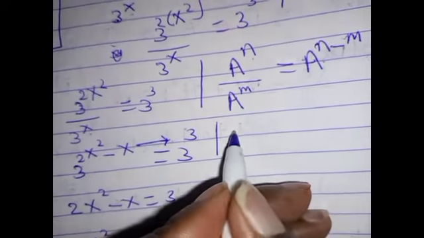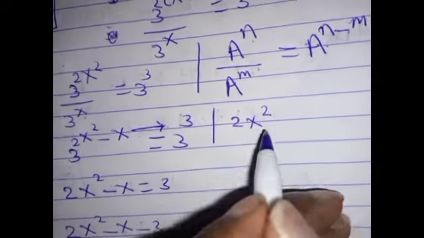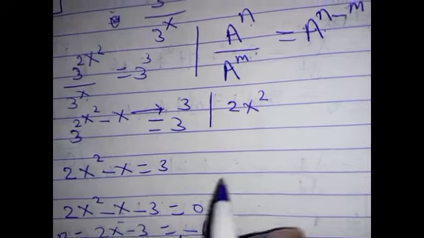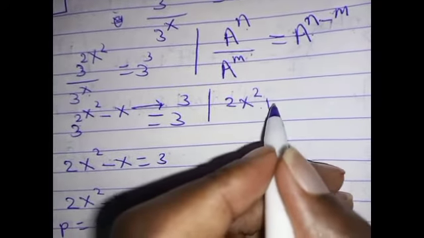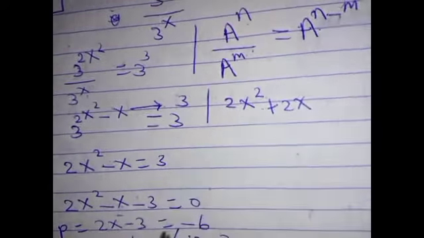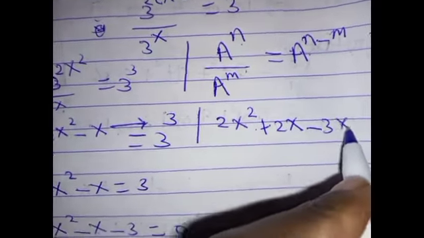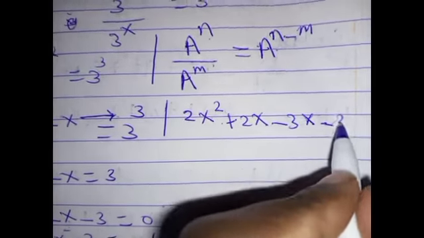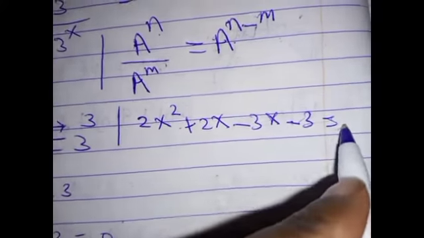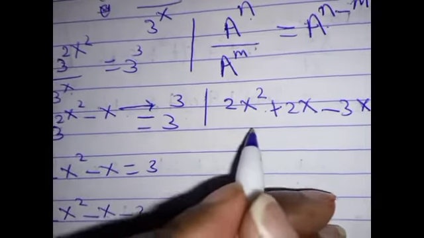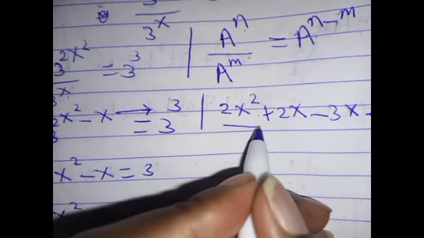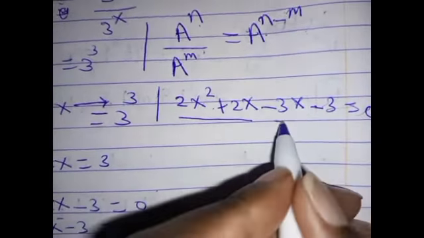So we have 2x squared. Instead of negative 1, now we write plus 2x minus 3x minus 3 is equal to 0. So we can factor, we pair the first 2 and the last 2.